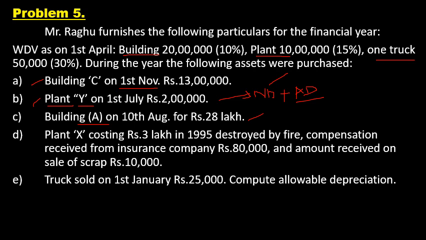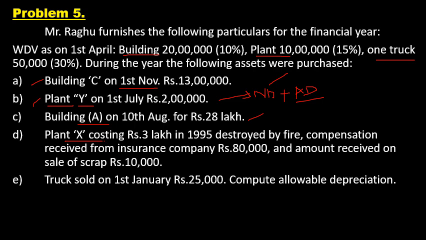Next one, plant X costing rupees 3 lakh in 1995 destroyed by fire. Compensation received from the insurance company rupees 80,000 and amount received on sale of scrap rupees 10,000. See, the plant was destroyed by fire, and the cost of the plant was rupees 3 lakh.